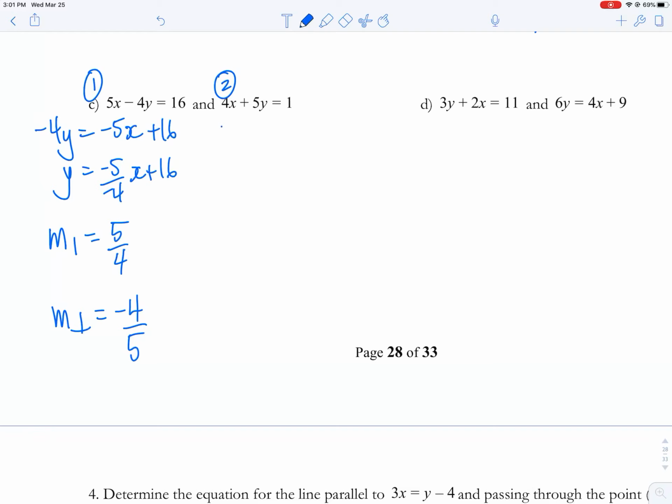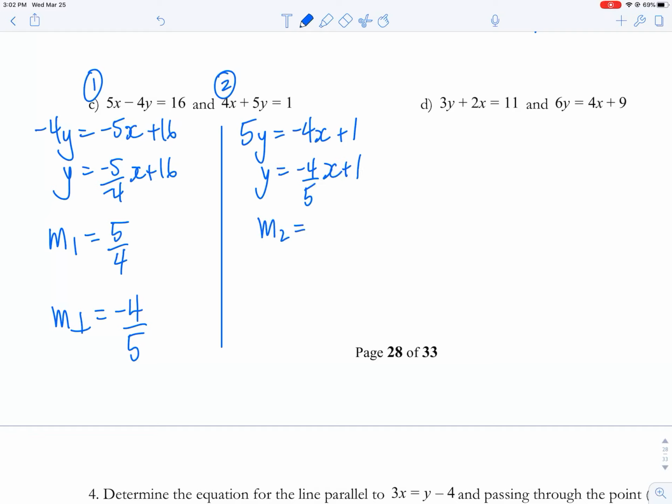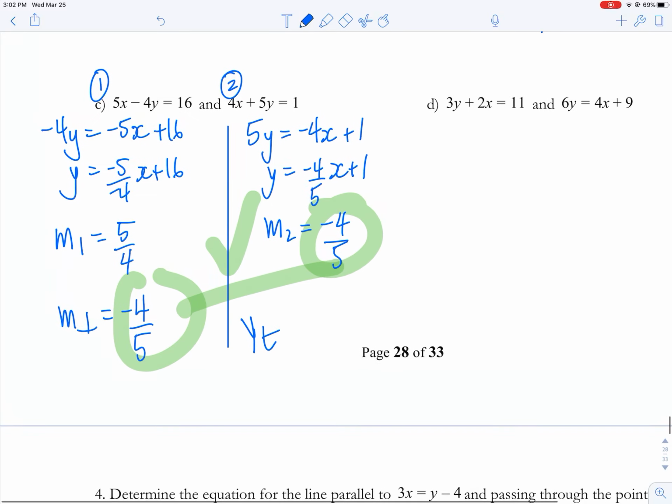And let's see what the slope of the second one is. So for this one, 5y equals minus 4x plus 1, y equals minus 4 over 5x plus 1. So my slope of the second line is minus 4 over 5. And hey, they match. So these guys are, yes, perpendicular.